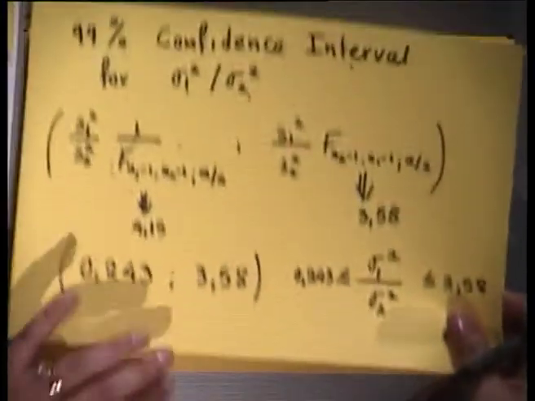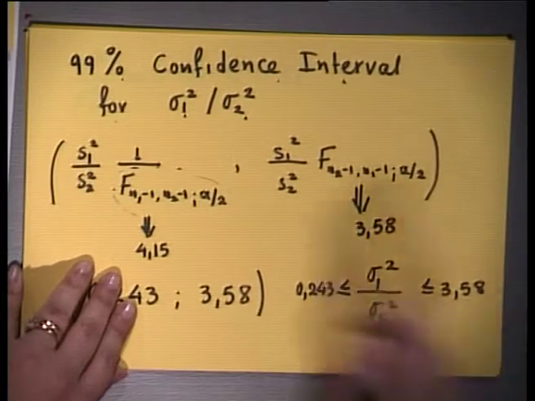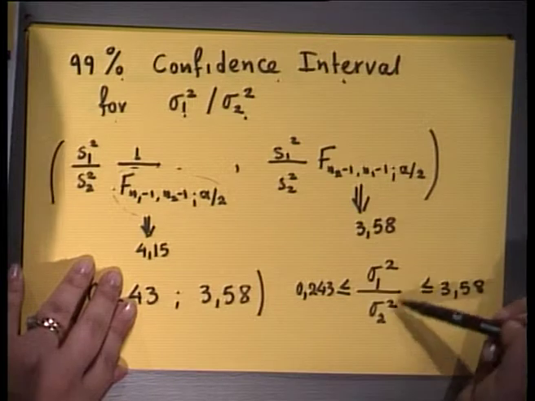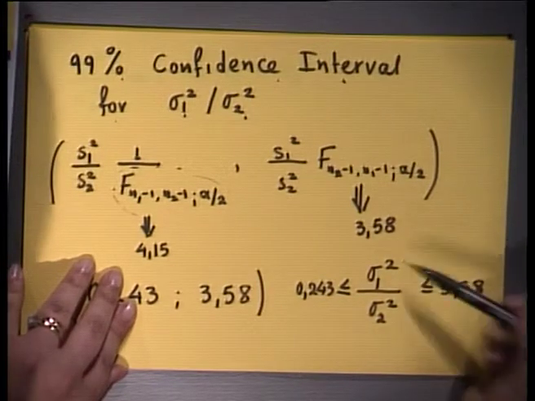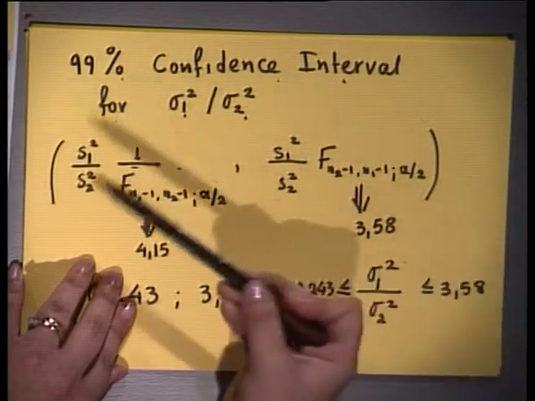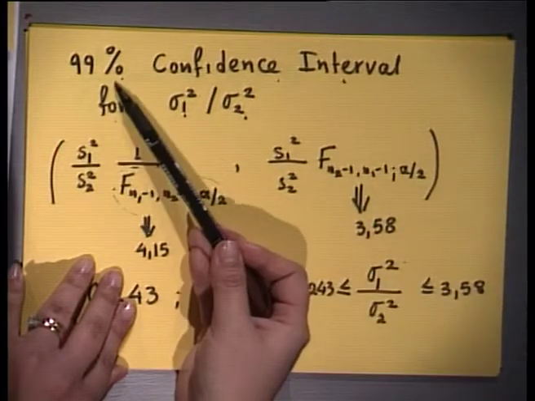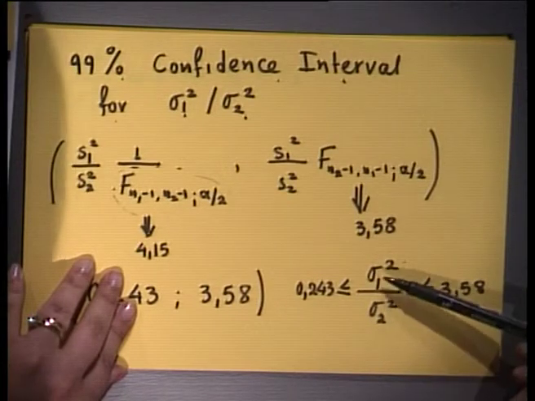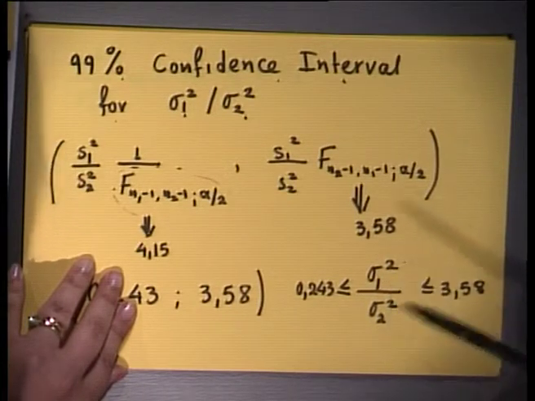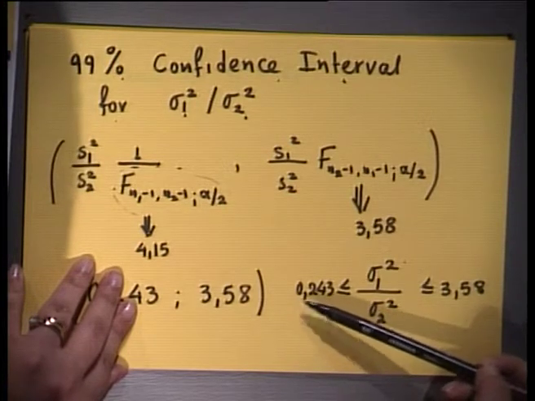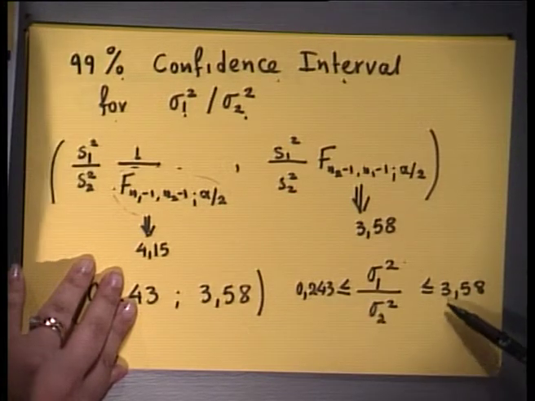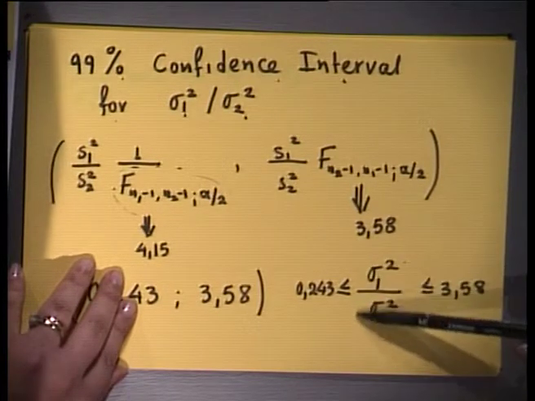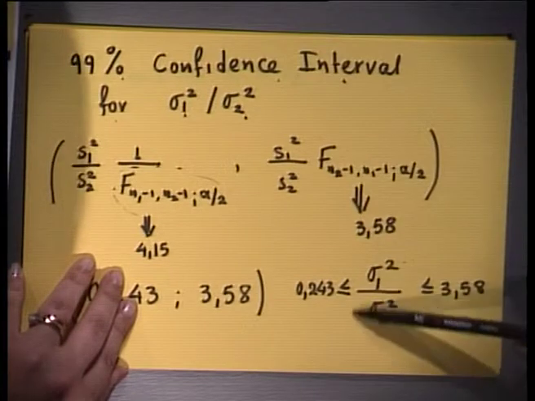Now, if we go back to our 99% confidence interval for the variances of our data, we see that we are 99% sure that the real value, if we divide the two variances, would be between 0.243 and 3.58. So we cannot say that they are not equal.